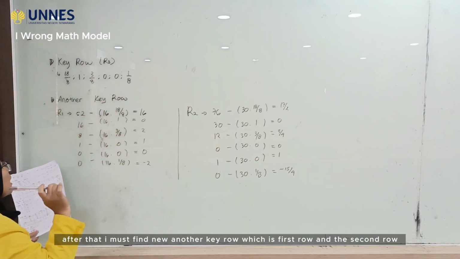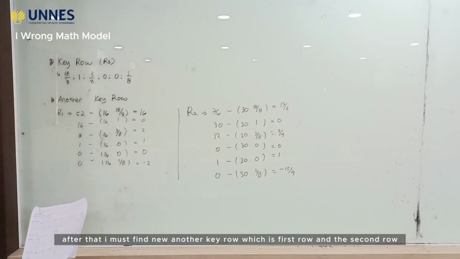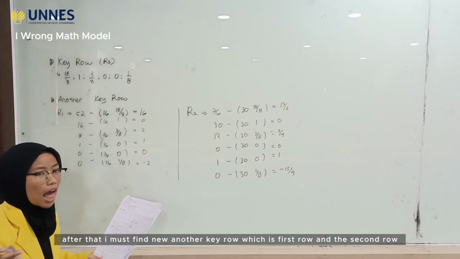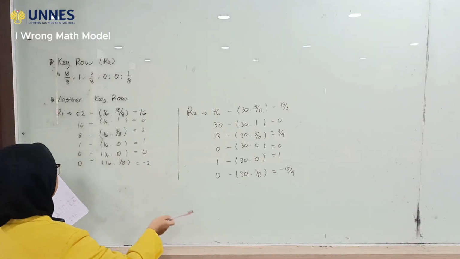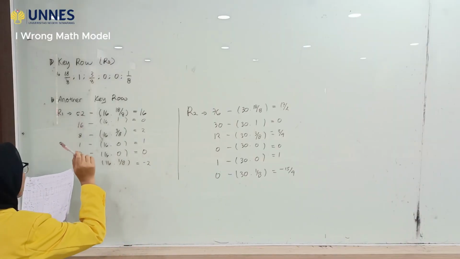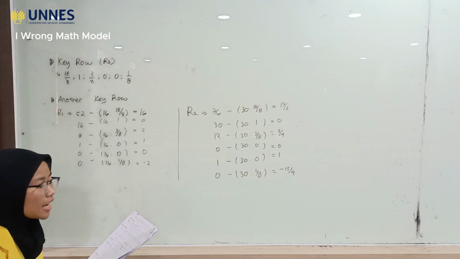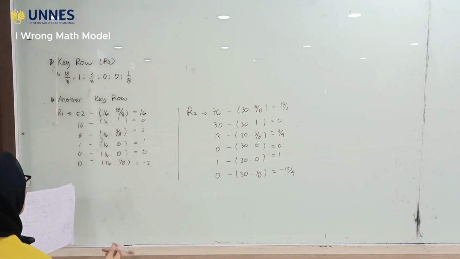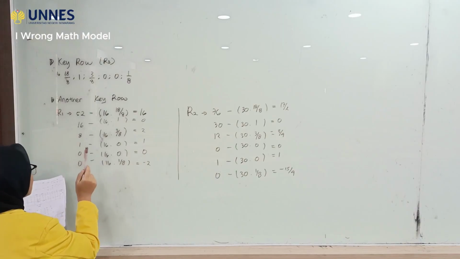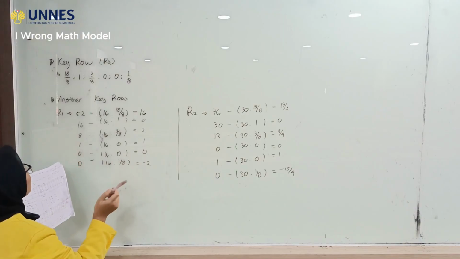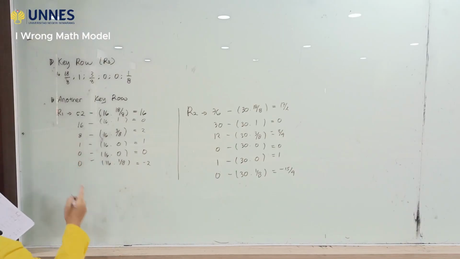After that, I must find the other rows, which are the first row and the second row. Find with the formula Q minus the other element in the k column, which is in row 1. Our first row has 16, multiplied with the value of the k row before.